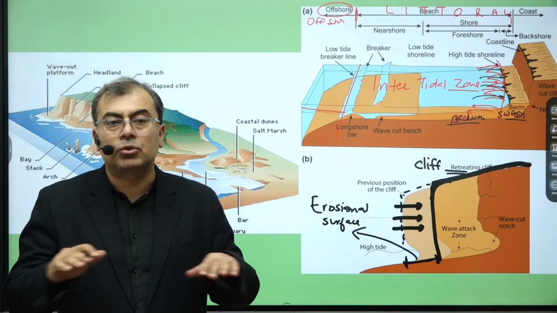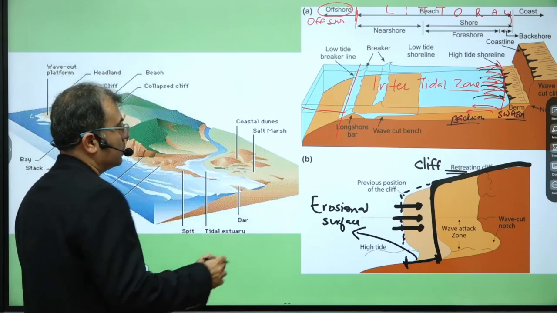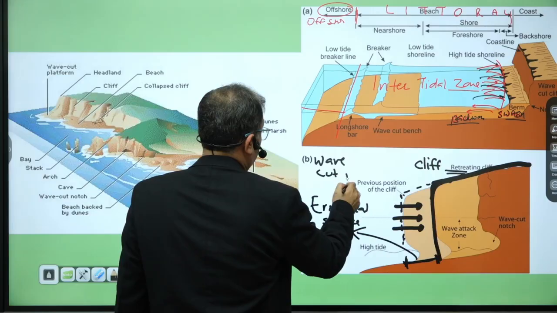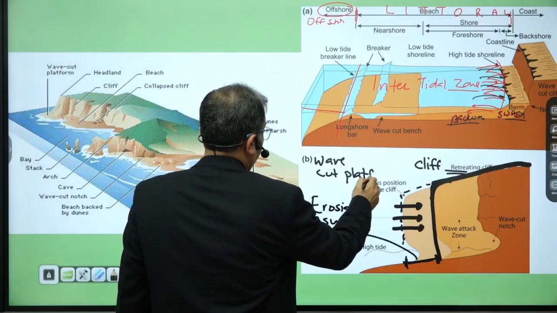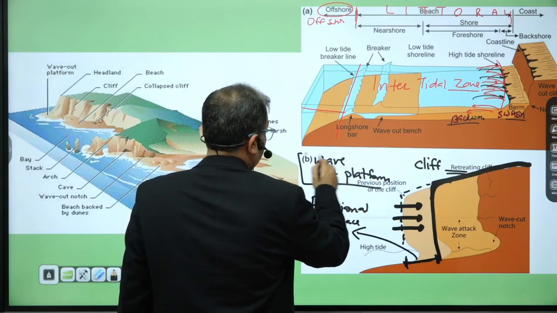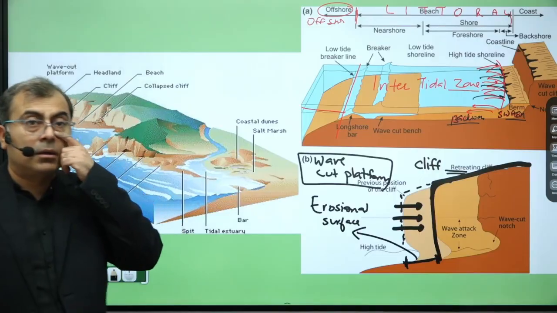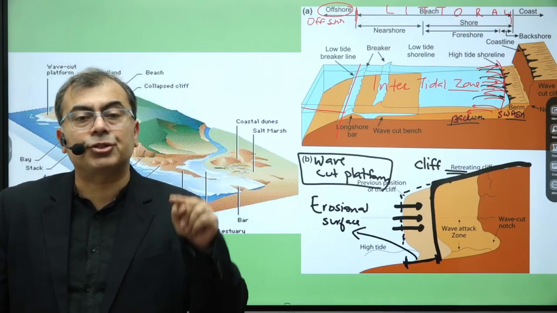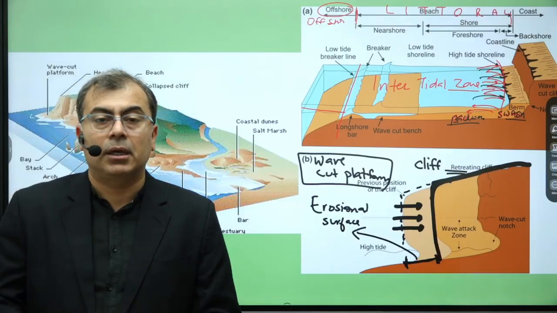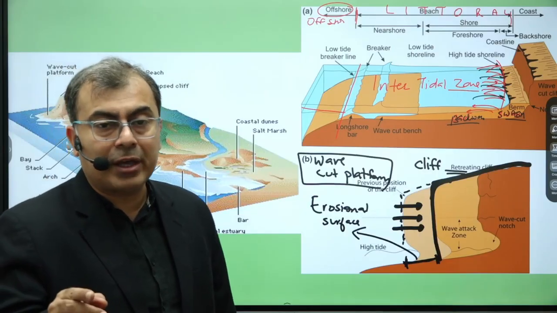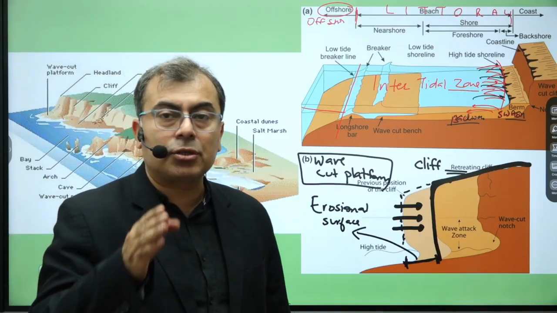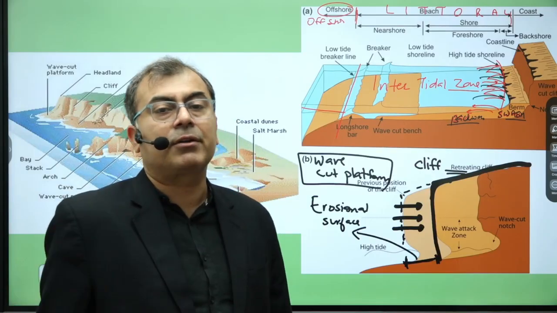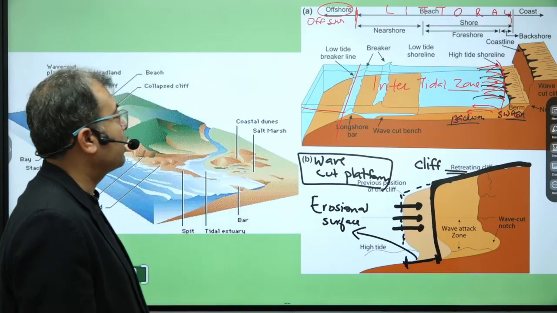This smooth surface is called the wave cut platform. So if I say the erosive action of waves leads to the creation of a cliff and a wave cut platform, is everyone okay with this?